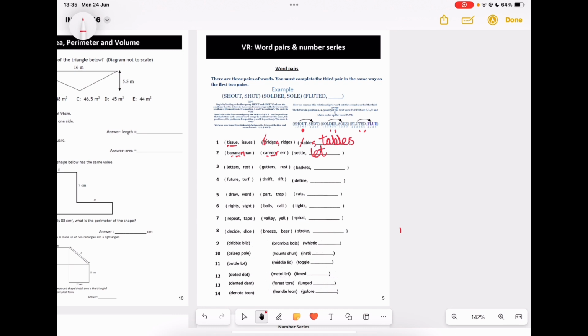Next is letters and rest. So letters and rest, well, first we could be saying that it's taking the second to last letter, and then it's adding an E, so that could be the second or the 3rd to last letter. Then it's adding the last letter, and then it's adding a T. With gutters and rust, it's taking the second to last letter, and then the second letter, then the last letter, and then the same thing.